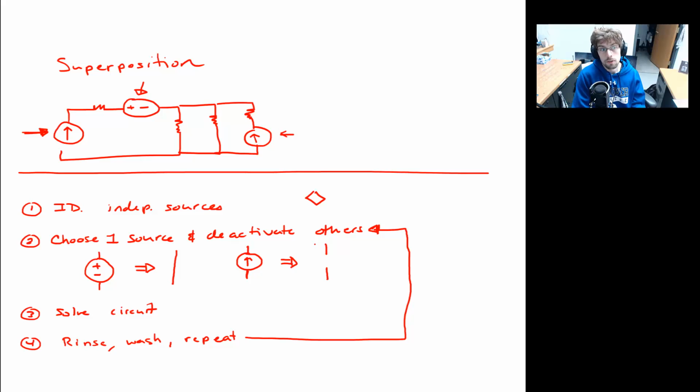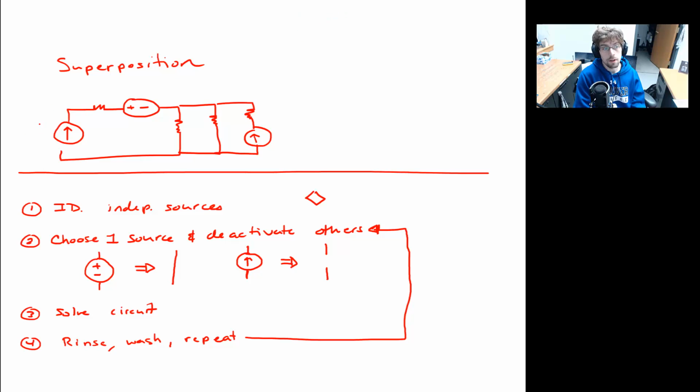So for this circuit that I've just drawn for illustrative purposes, how many times are you actually going to have to solve this circuit? 3. If you want to know the entire response for the circuit, you're going to have to solve 3 smaller cases, right?